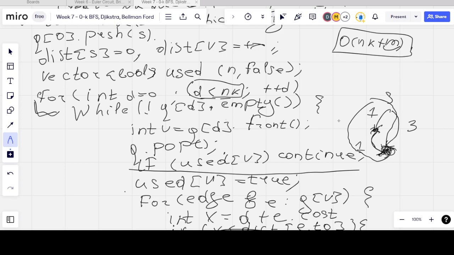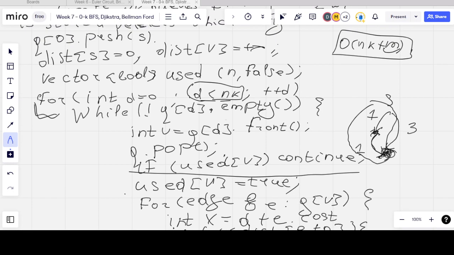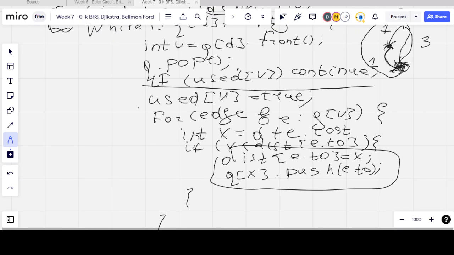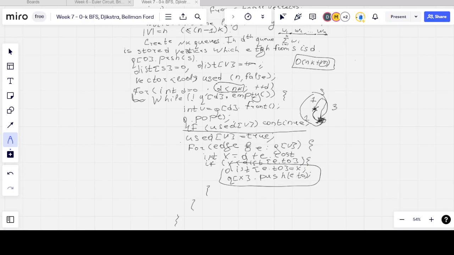I mean, if m dominates nk, it will be O(m). Otherwise it will be O(nk). So I hope I explained the complexity.